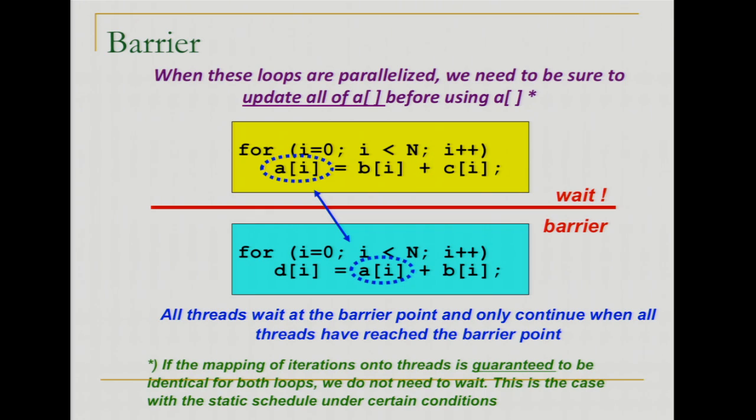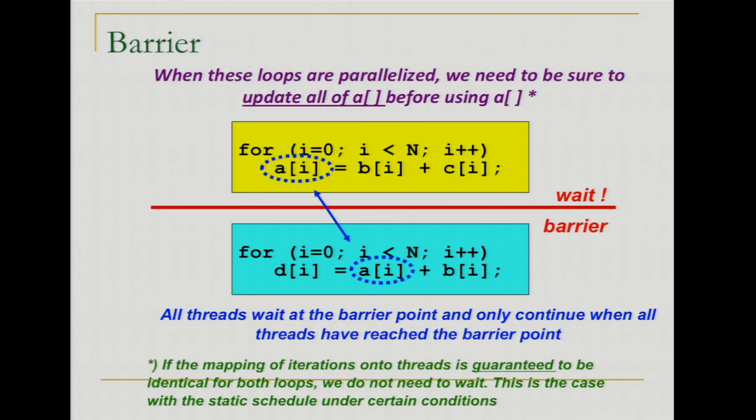There is a situation where you don't need to do that, and that is if you know. So don't guess, but you know that the loop iterations are going to be mapped out identically. Then you can actually suppress that. So if thread 0 has the first 100 iterations in both of the loops, then in that case you don't need a wait.